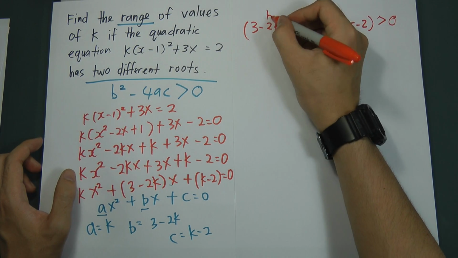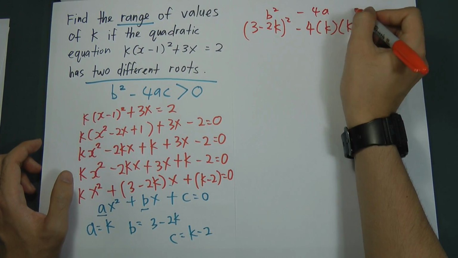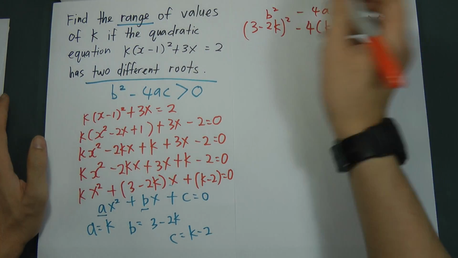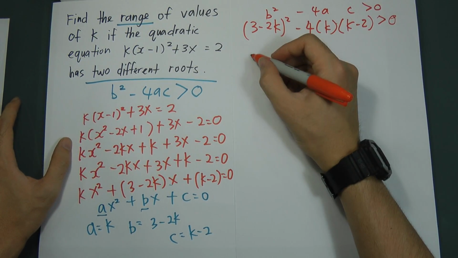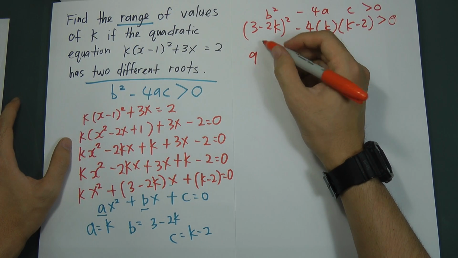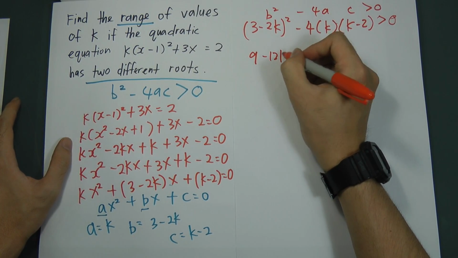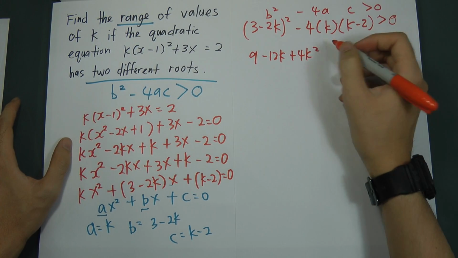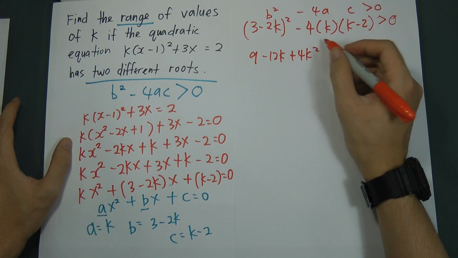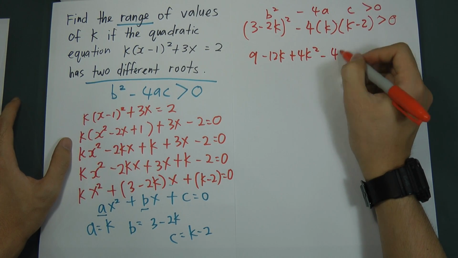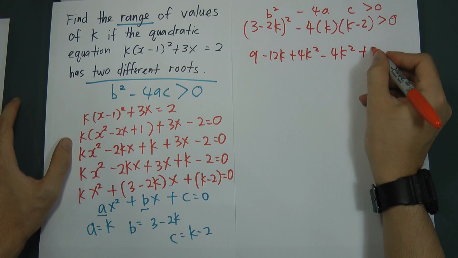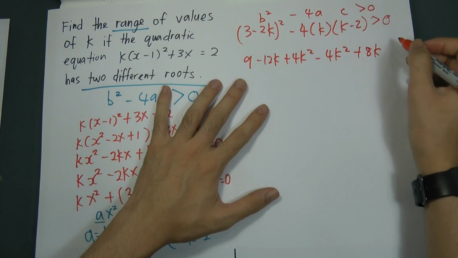This is b squared minus 4ac bigger than 0. Then I just expand this one. I got 9 minus 12k plus 4k squared. Multiply in this one, I will get negative 4k squared plus 8k, bigger than 0.